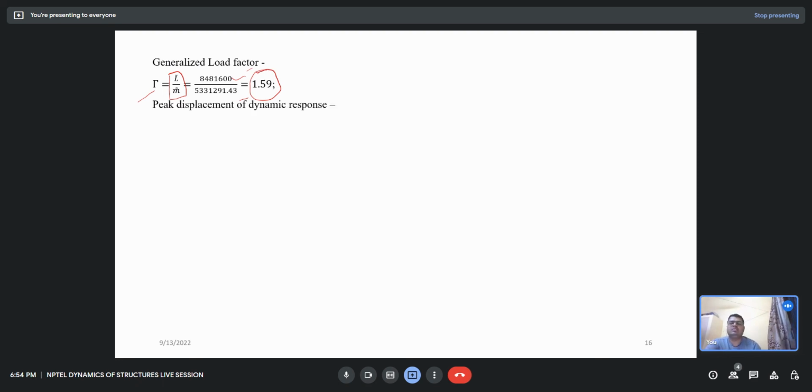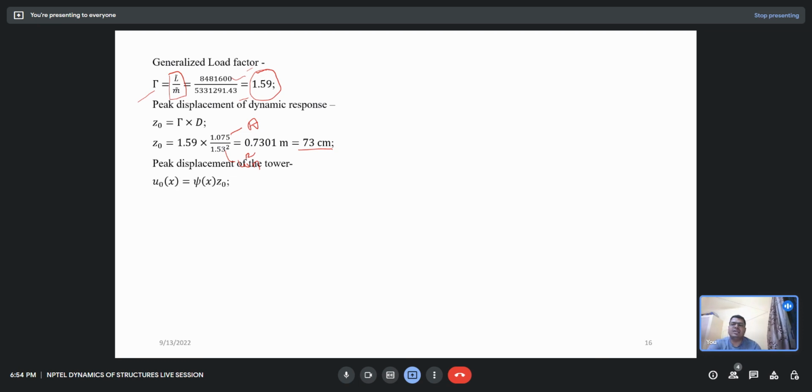So our peak displacement of dynamic response is gamma into D, that is 1.59 into D. D is my acceleration divided by omega n square. Omega is 1.53, so if I square it, I get this z naught as 73 centimeter.